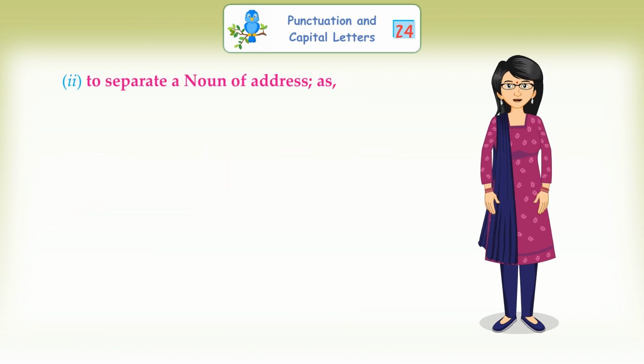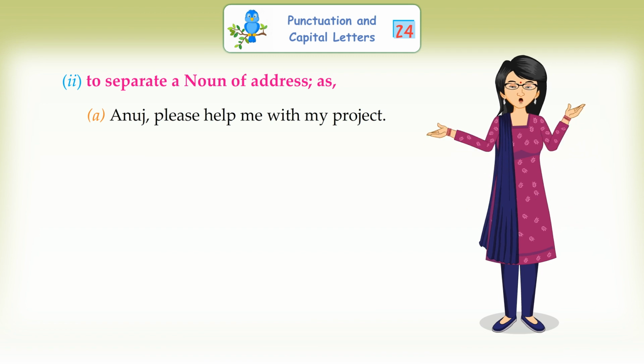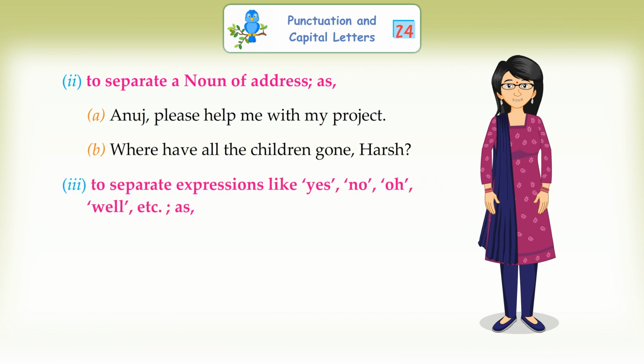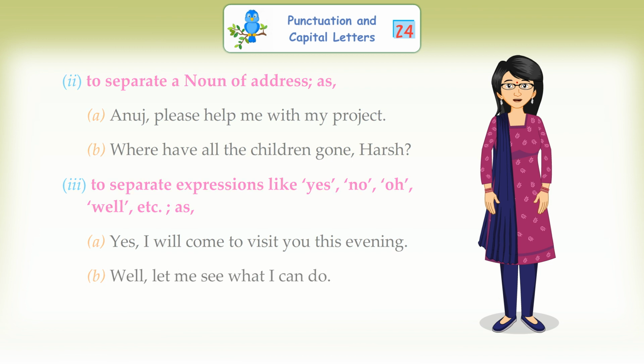To separate a noun of address, as: Anuj, please help me with my project. Where have all the children gone, Harsh? To separate expressions like yes, no, oh, well, etc., as: Yes, I will come to visit you this evening. Well, let me see what I can do.